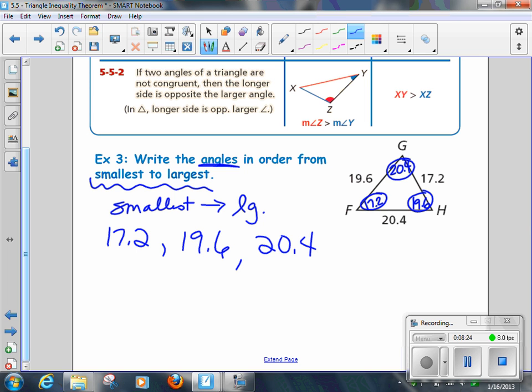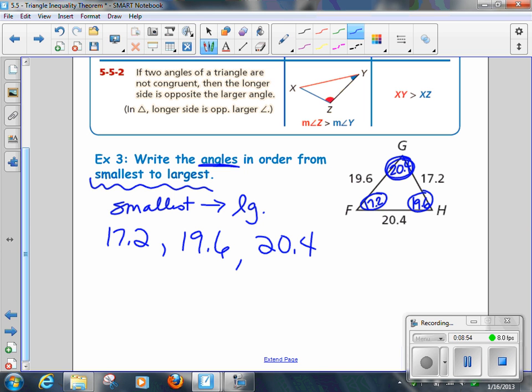The reason I make y'all put circles around those angle measures is that these numbers, folks, are not angle measures. They are numbers that I associate with those particular angles. It does not mean in any way that angle G is 20.4 degrees, or that angle H is 19.6 degrees, because look at that.